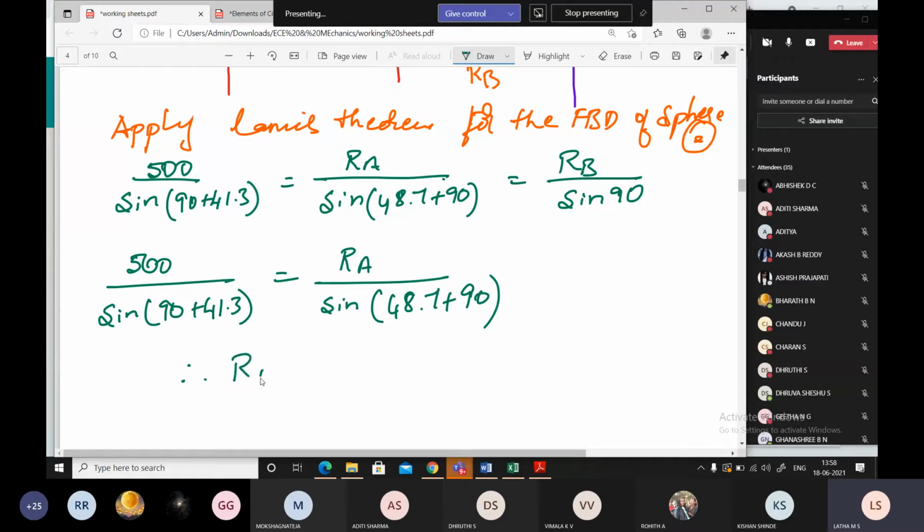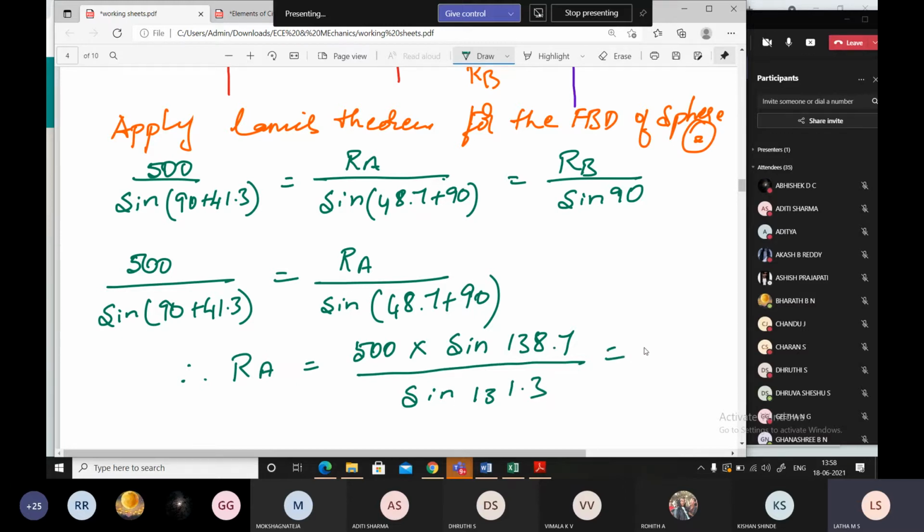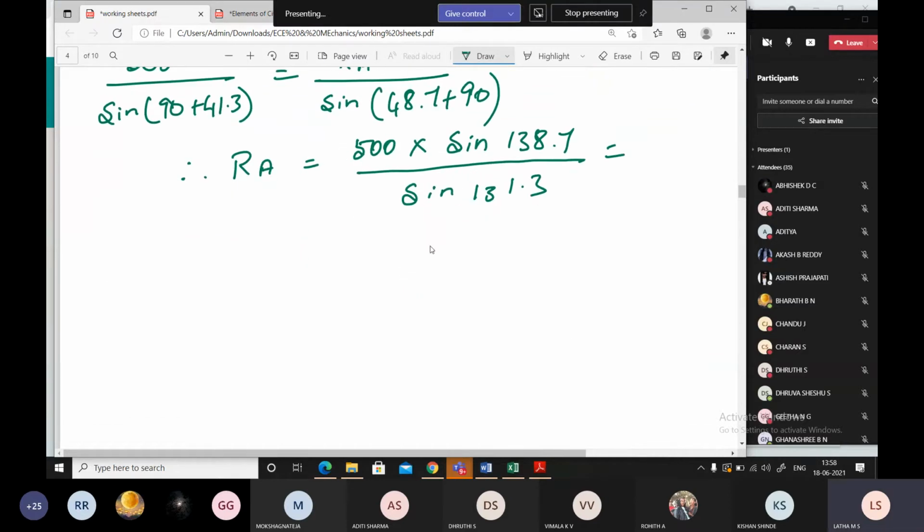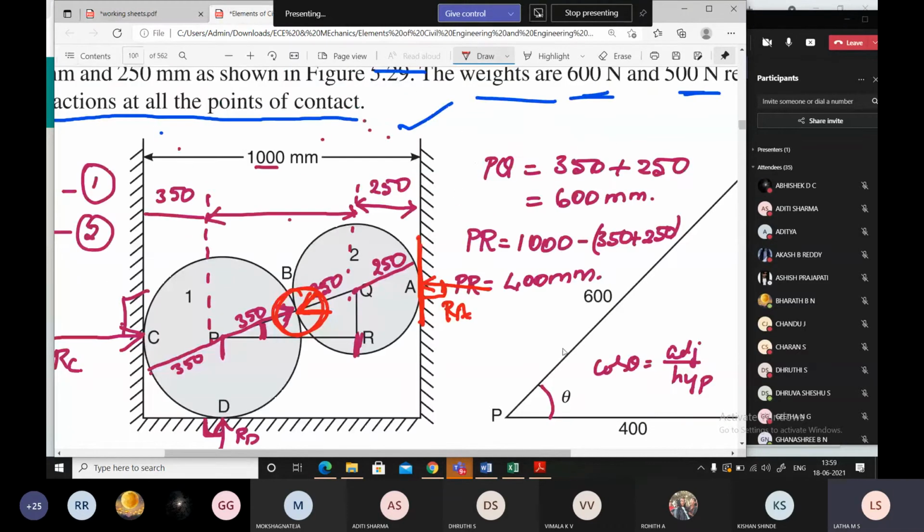Therefore, RA is equal to 500 into, you simplify, what do you get? 138.7 divided by sine 131.3 degree. What's the answer you get for RA?